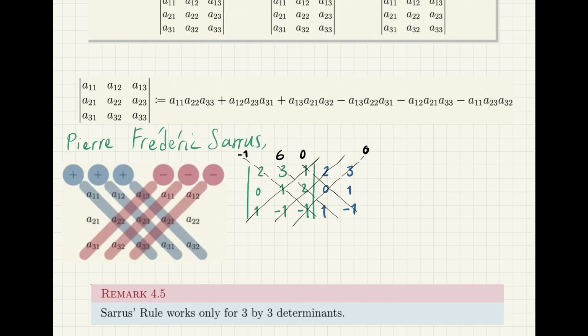And then I have 2 times 2 times -1, which is -4, but I put +4 here. And then I multiply 1 by 1 by 1, it becomes 1. I put -1 here. And then I add all these numbers. So it becomes -1 plus 6 plus 0 plus -1 plus 4 plus 0, so it becomes 8. So this is the determinant.